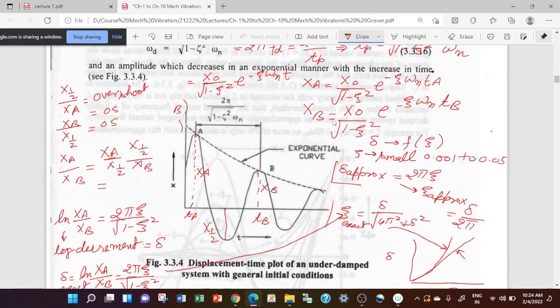It is nothing but this is your 1 upon overshoot square. This is your delta. So you can find the overshoot of a damped vibration from that, overshoot is equal to 1 upon square root of delta.